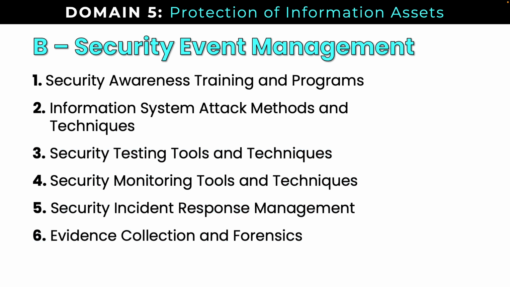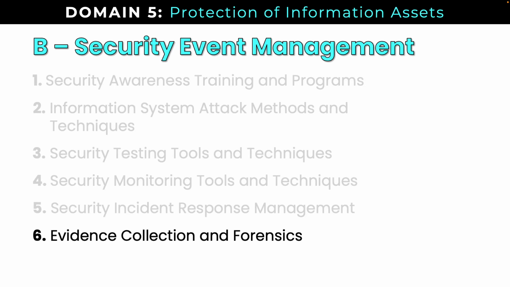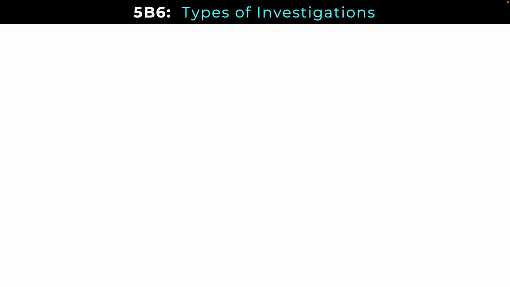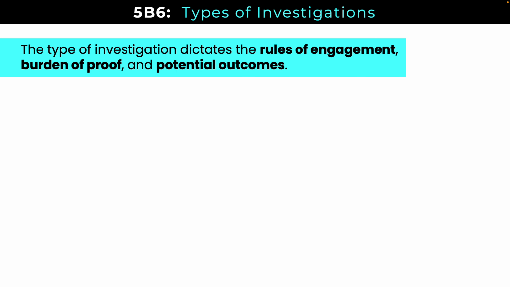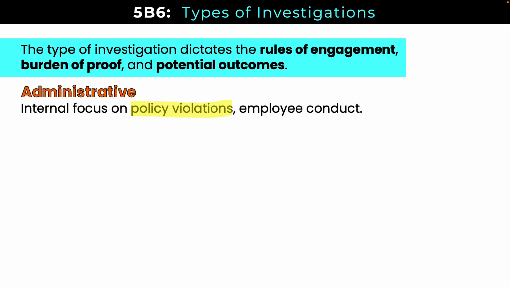Okay, that brings us to Section 6, Evidence Collection and Forensics. So you should be familiar with the different types of investigations, and the type of investigation dictates the rules of engagement, the burden of proof, and potential outcomes. So we have administrative investigations that focus on policy violations internally, employee conduct essentially.